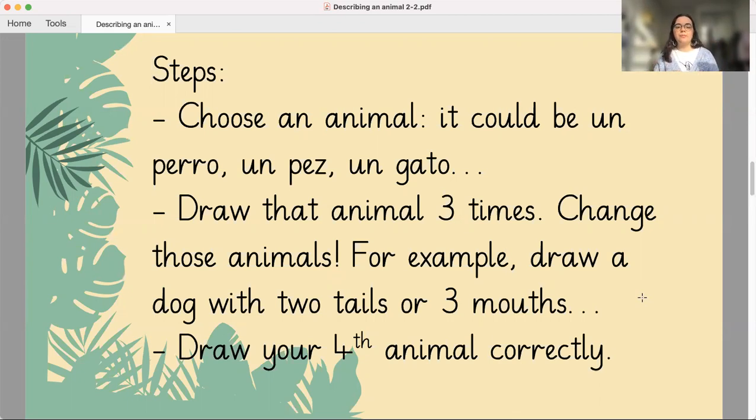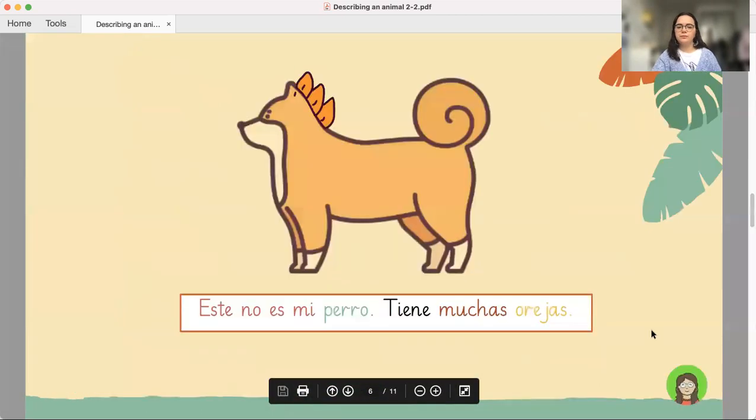For example, we can draw a dog with 2 tails, 2 colas, or we can do it with 3 mouths, 3 bocas, okay? And then we are going to draw our 4th animal correctly. Don't worry, don't panic. We can do it step by step, and you can do it with me at the same time, okay? So let's start with the first one.